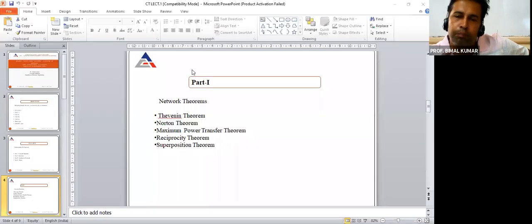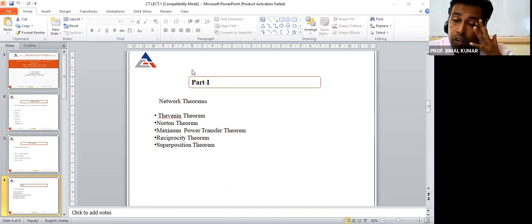First of all, part 1. In part 1, after completing the basics like Ohm's law, Kirchhoff's laws, resistances in series, resistances in parallel, voltage division, current division, then star connected network, delta connected network, we will start with the network theorems.